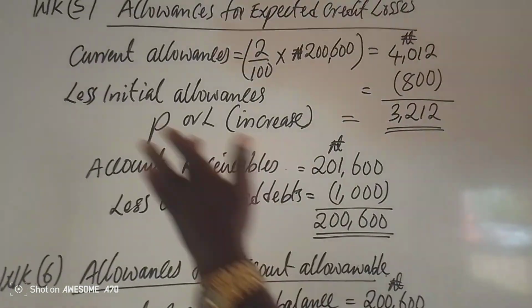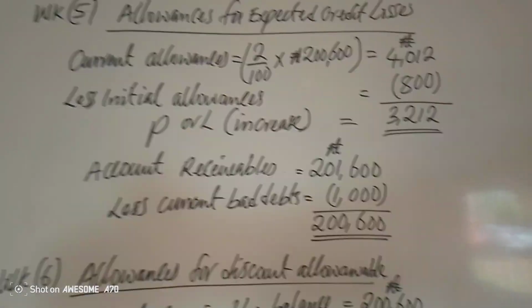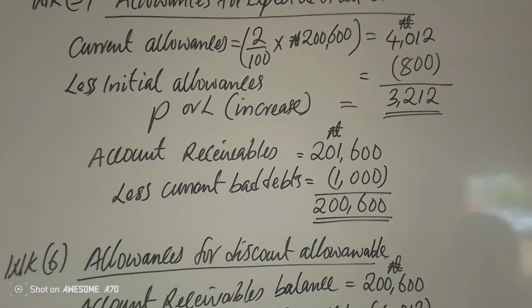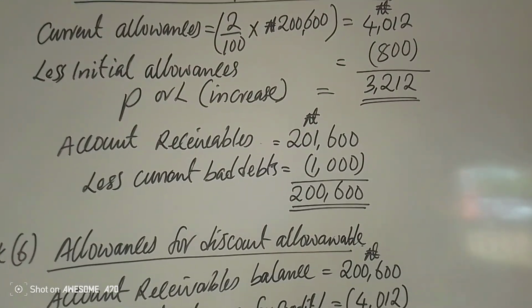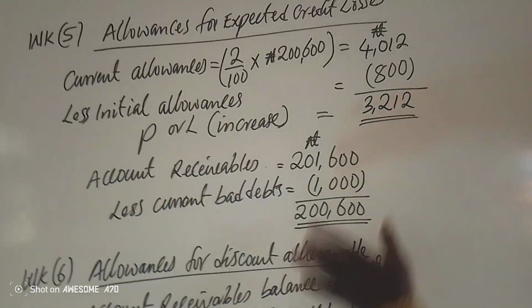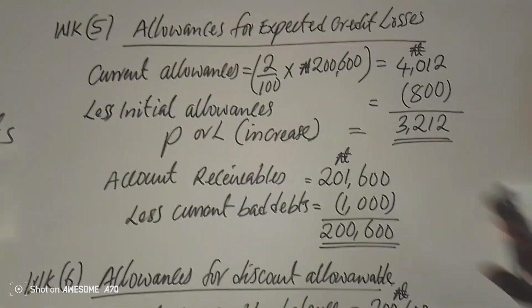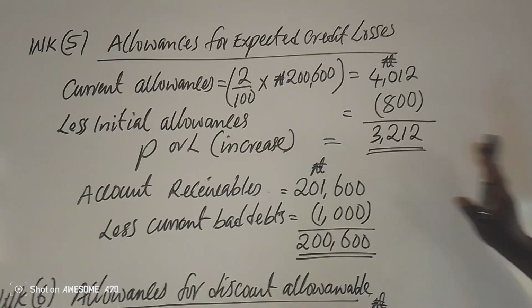Then the initial allowances, which is already given in the trial balance, which was the previous allowances created based on what the debtors are expected not to pay, you deduct it from the current allowances. Then you get 3,212 naira.